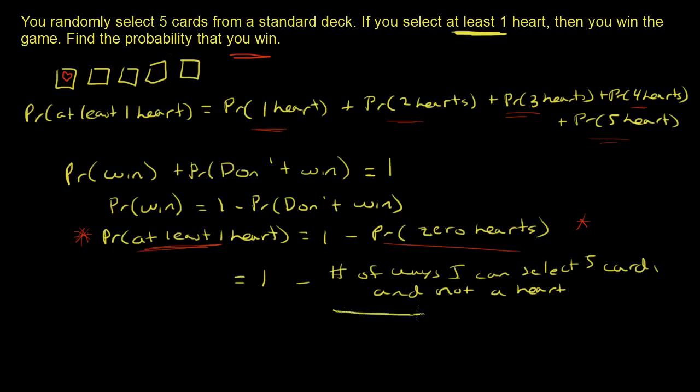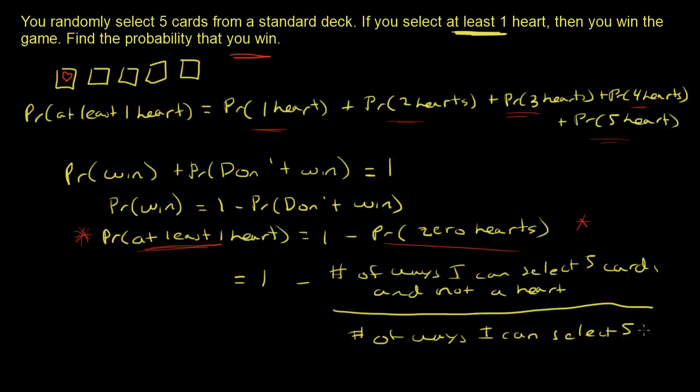There's a ton of ways I could have done that. We need to calculate that, the number of ways that I could have done that. And we'll need to divide that by the total number of ways I can select 5 cards, including the ways that have the hearts, right?